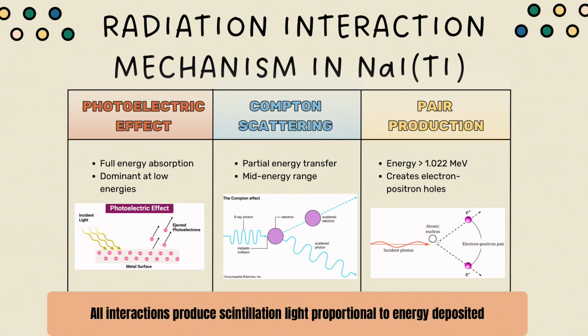Here, only part of the gamma energy is transferred, producing a continuous Compton background in the spectrum. Lastly, we have the pair production, which happens when gamma energy is above 1.022 MeV. This process creates an electron-positron pair. All these interactions produce scintillation light proportional to the energy deposit in the crystal.